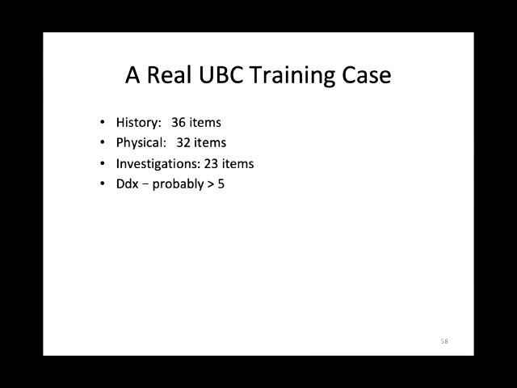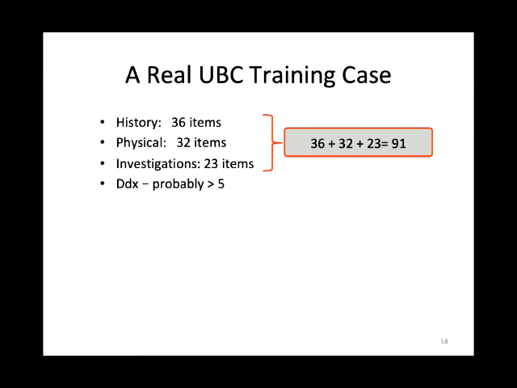So I used to be the course director for the cardiovascular undergrad course here from 2006 through 2010, and we would write cases. And so I dug up one of my cases from 2009, and I counted how many items were in the history, how many items were in the physical exam, and how many pieces of data from investigations we provided. And this was the answer, 36, 32, 23, for a total of 91 pieces of data.